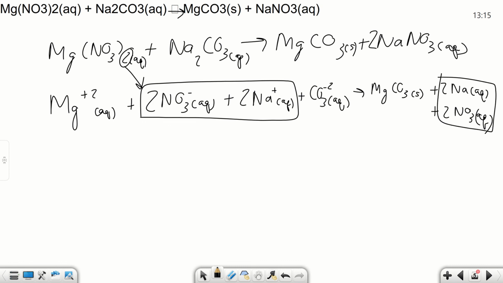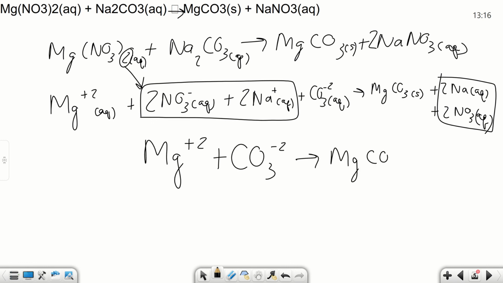So the final net ionic equation would be Mg 2 plus plus CO3 2 minus yields MgCO3 solid. Again, the net ionic equation should also be balanced in charge. This side has a total charge of plus 2 minus 2, which is 0. This is an ionic compound that's already neutral, so that's a 0 charge as well.